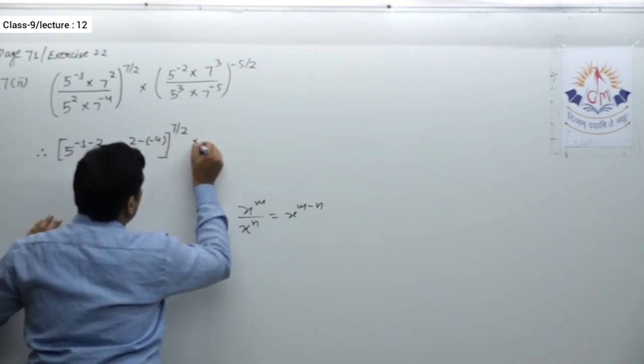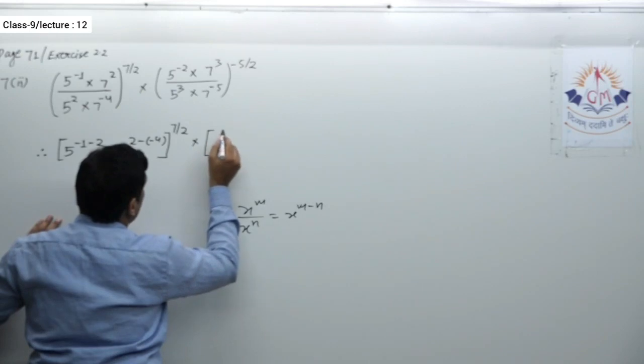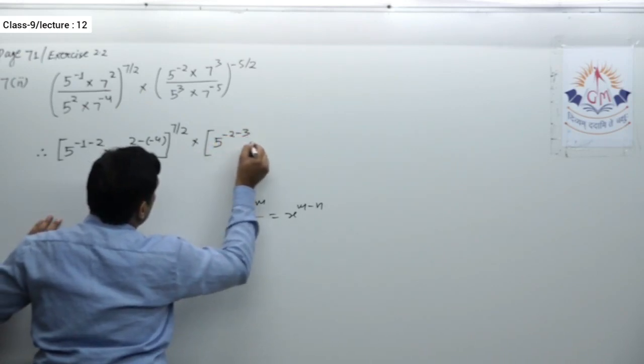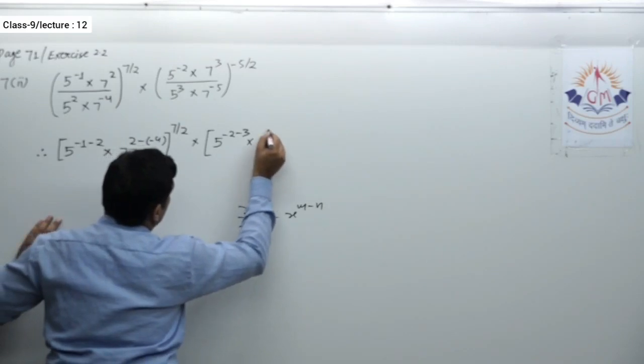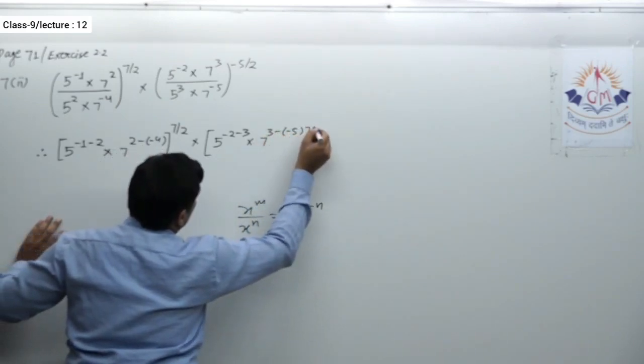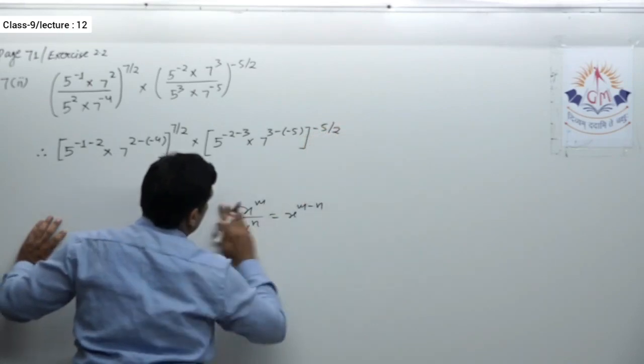Similarly over here, multiplied by, again 5 raised to minus 2 minus 3 multiplied by 7 raised to 3 minus minus 5, raised to minus 5 by 2.